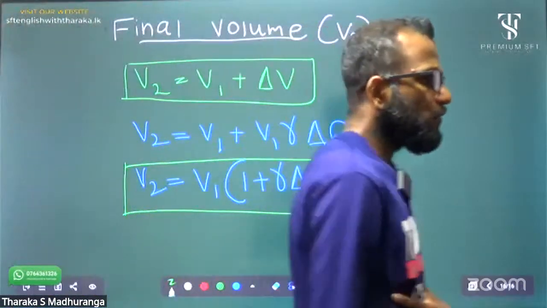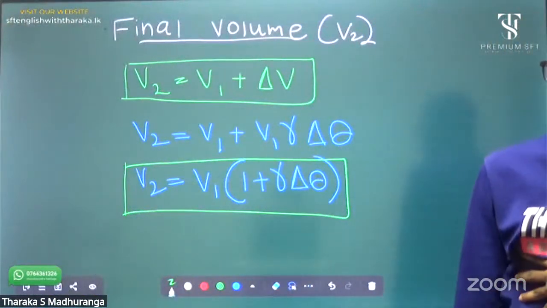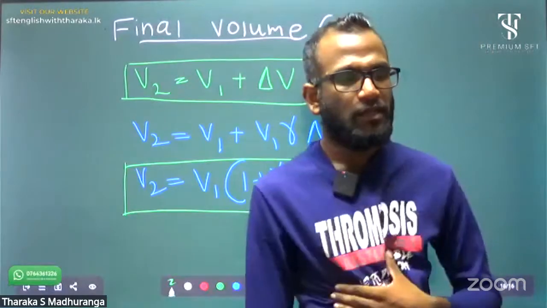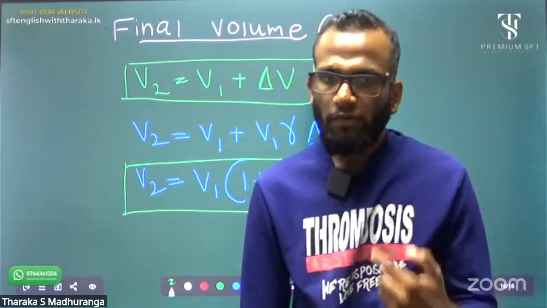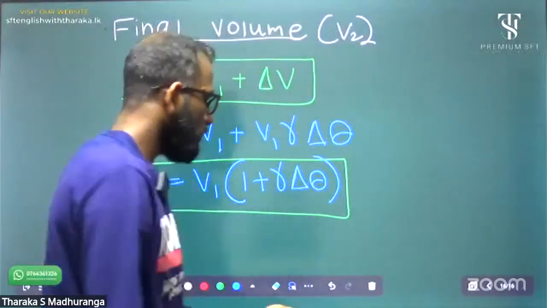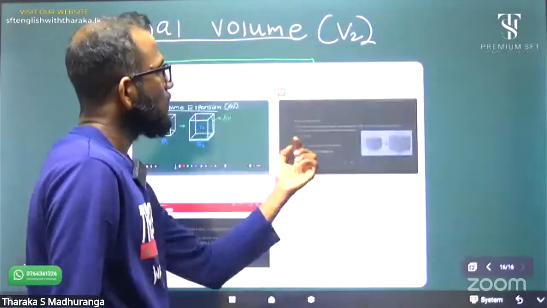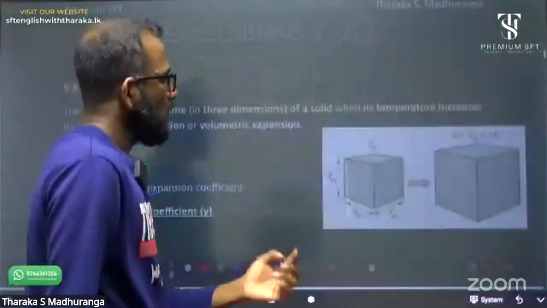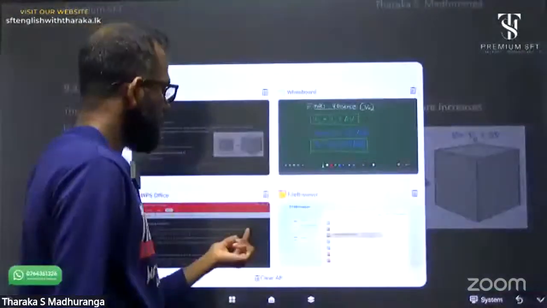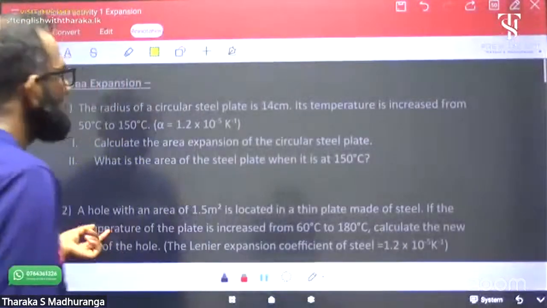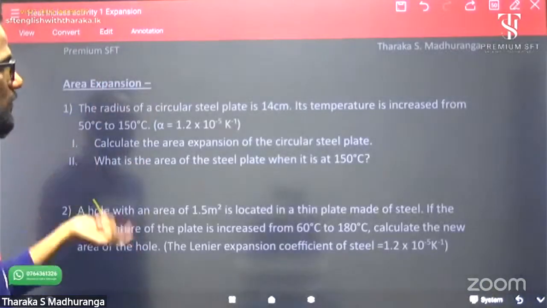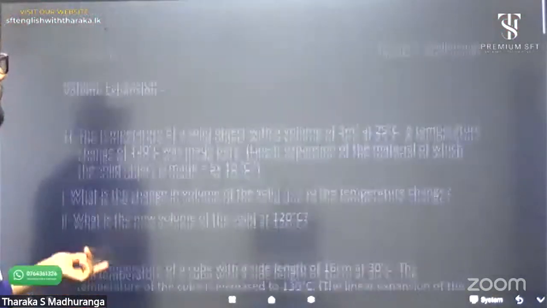Okay, that's the end of the theory part of solid expansion. Now you have another homework. There is another part in the homework, volume expansion. Linear expansion is complete.